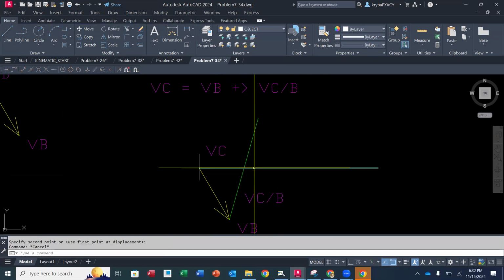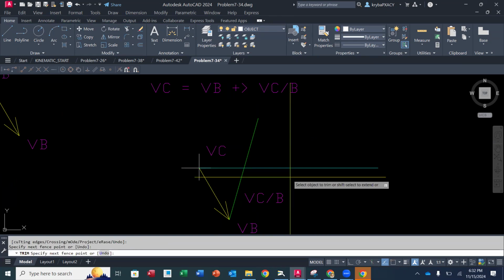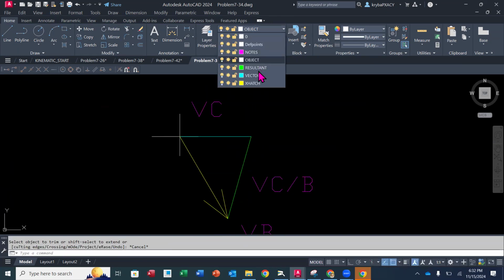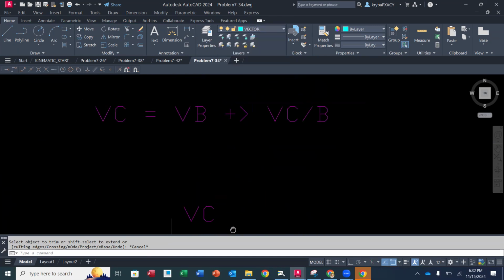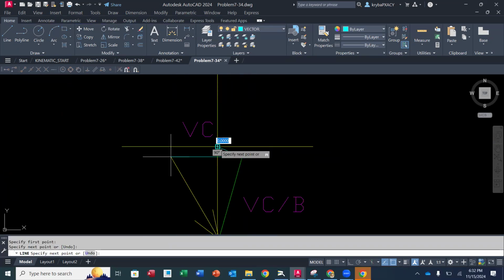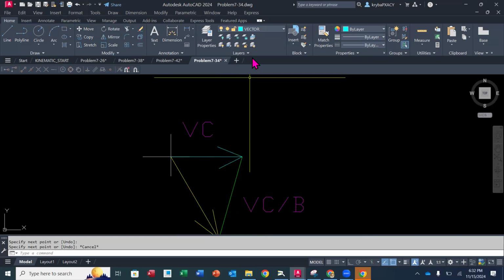And let's scooch over here so I can trim away these guys. And I'm going to then add my arrowheads. Since the velocity of C is starting at my origin, its tail is going to be there. Its tip is going to be at the intersection created with C relative to B.